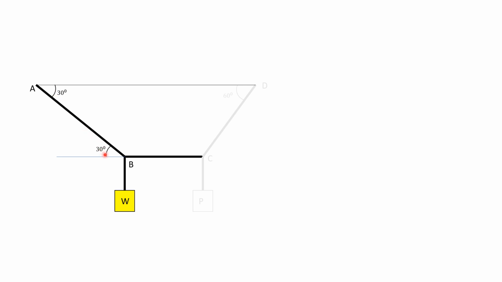And this angle will be 150 degrees because this total will be 180 degrees. 180 minus 30 equal to 150 degrees. This angle will be 90 degrees. This angle will be 90 degrees. So this total angle will be 120 and this angle will be 90. 90 plus 30, 120.